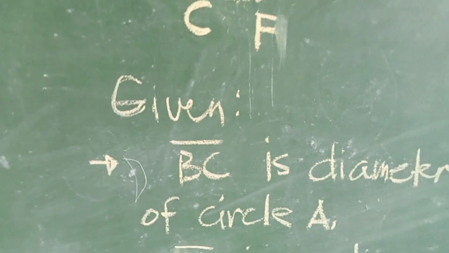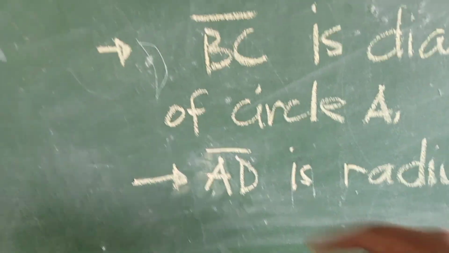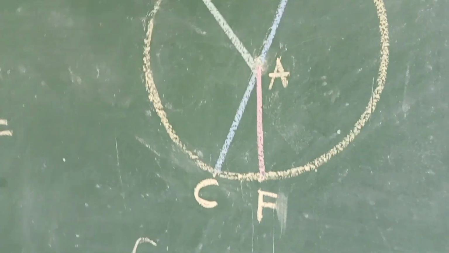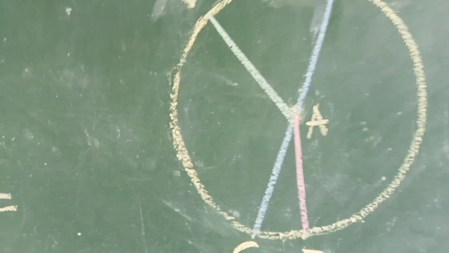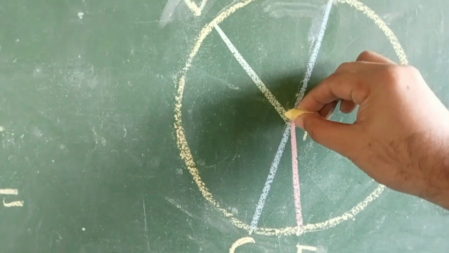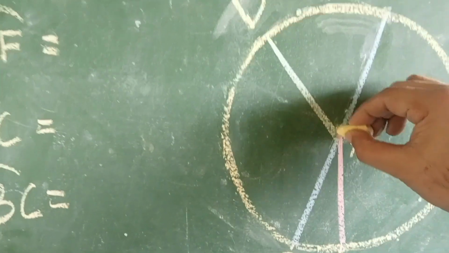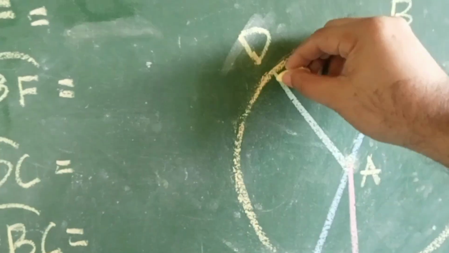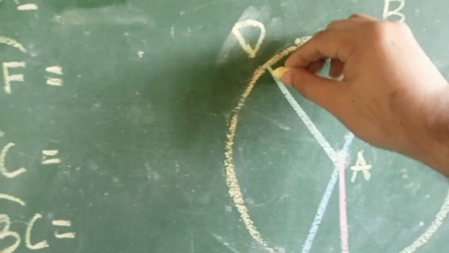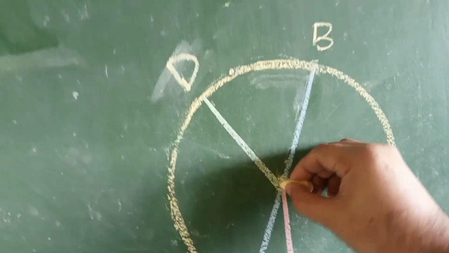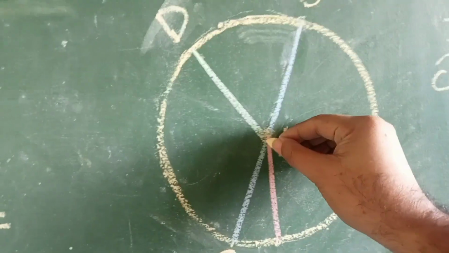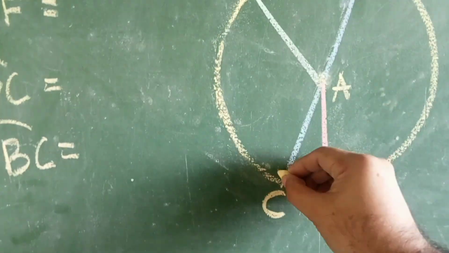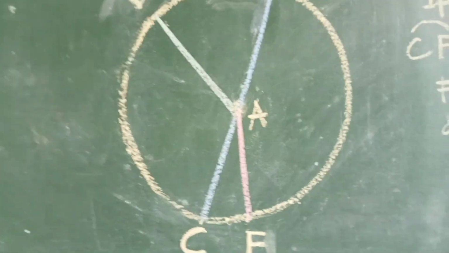And there is an additional one. We call AD, segment AD, a radius of the circle. Any segment from the center to any point on the circumference is called a radius. So not just AD, but you can also say that AB is a radius, AF is a radius, and AC is also a radius.